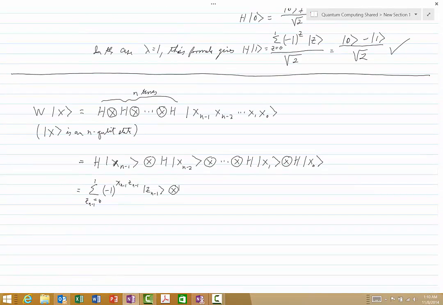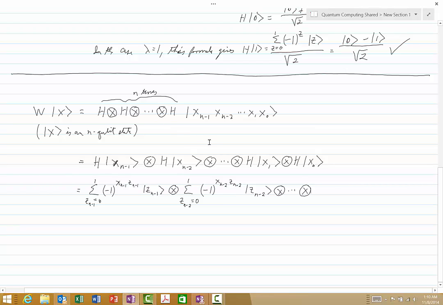And then for h of xn minus 2, we will get the sum, and in this one, we'll let the index be z n minus 2, ranging from 0 to 1, of -1, and this time we'll have x n minus 2 times z n minus 2, and then the state will be z n minus 2, and then dot dot dot.